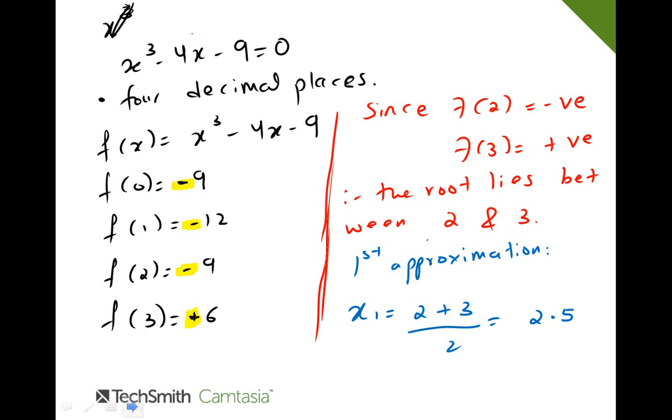I'll change the page. So f of 2.5. Let's see what f of 2.5 will be. I'll remind you, my equation is x cubed minus 4x minus 9. This is f of x. So here you need to replace each x with 2.5.